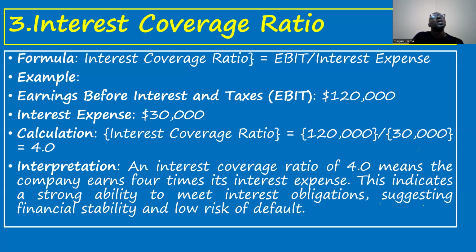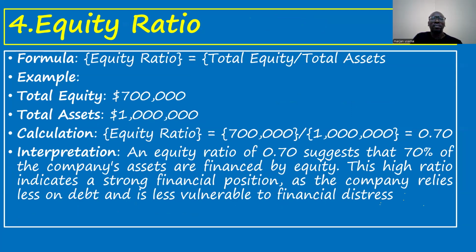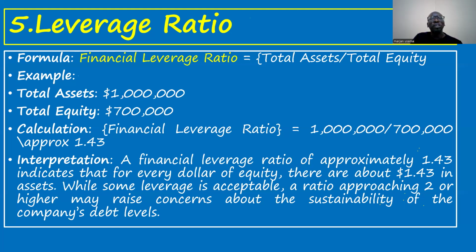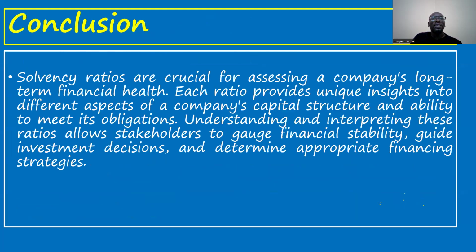As easy as that. So the exam is going to be very easy next week. You just apply these formulas and you get the answers. Then we have the equity ratio, total equity divided by the total assets. You get the answer. The leverage ratio is total assets plus total equity. You get the answer.